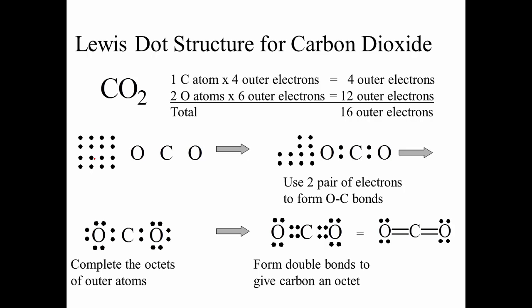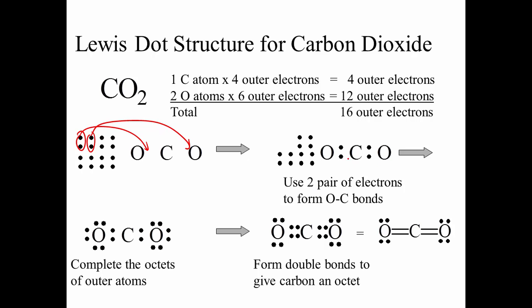Here they are all arranged. Bonding order, carbon's in the center, so we take our pool of valence electrons and add bonding pairs between the carbon and oxygen. We make 1 bonding pair, another bonding pair. We have lots of electrons left over.